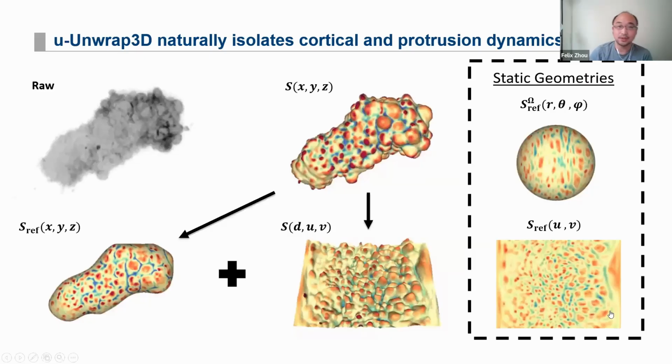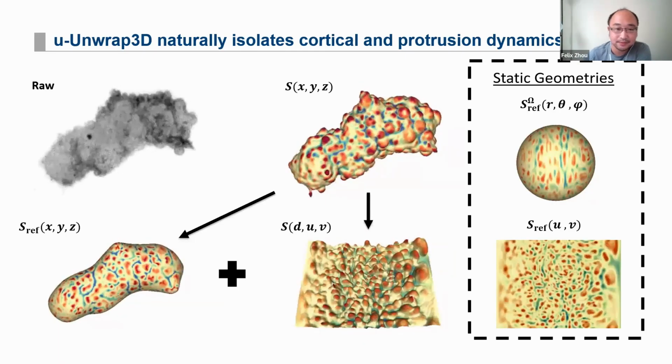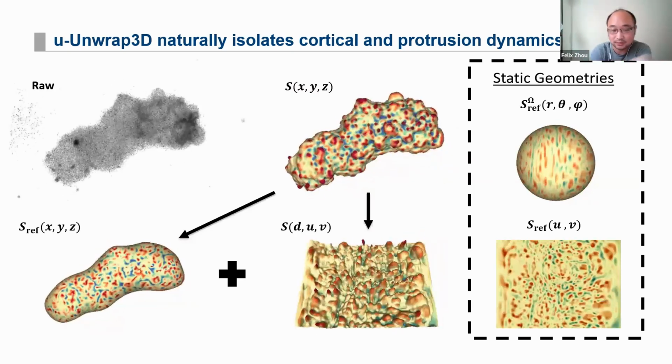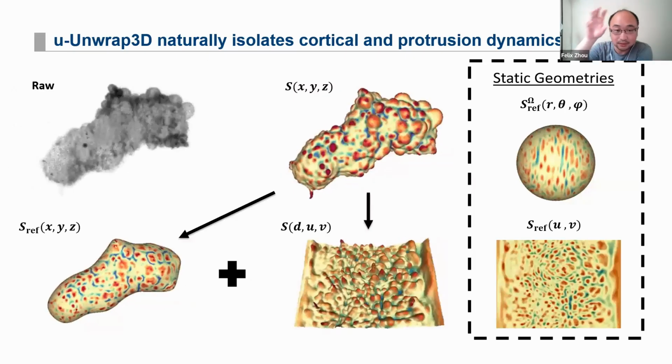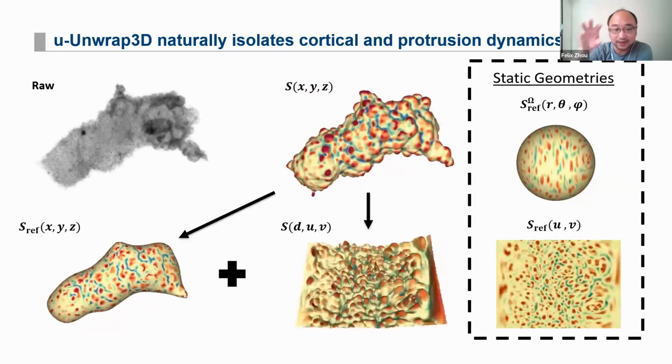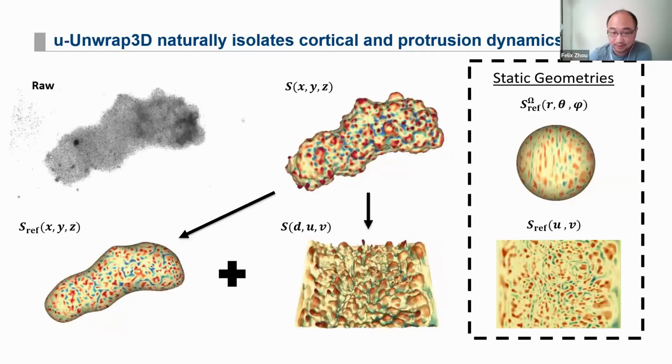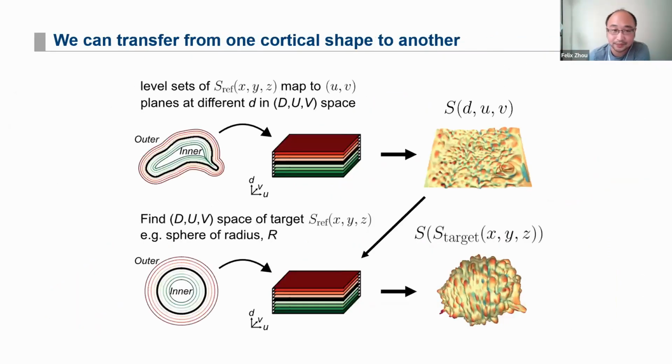Okay. So the cool thing is what happens now when you apply this framework to map a 3D complex cell time-lapse image. You can naturally decompose this complex 3D surface into the reference, which is really the cortical dynamics, and only the protrusion, cell-specific dynamics, through mapping to the sphere and to the UV.